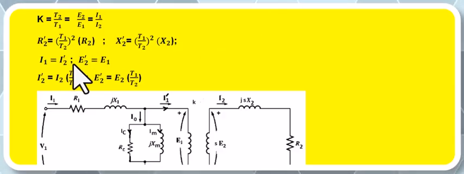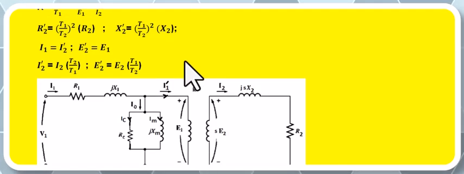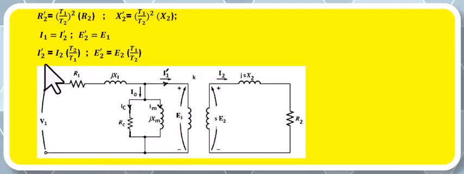I2 dash is the rotor current referred to the stator side, and E2 dash is the rotor induced EMF referred to the stator side, which is also equal to E1, provided the turns ratio between rotor and stator is unity. Similarly, I2 dash is equal to I2 into T2 by T1, and E2 dash is equal to E2 into T1 by T2. So if there is a variation between T1 and T2, we use this.